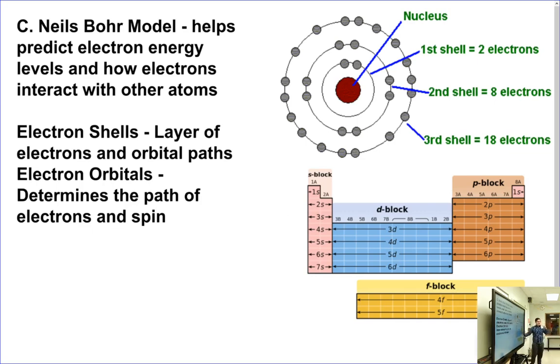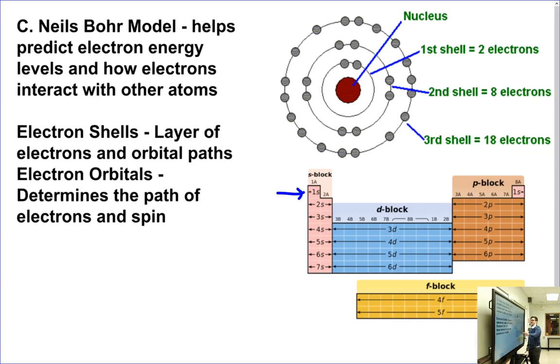I'm going to unpack quite a few things here. We have electron shells, we have electron orbitals, and there's one thing in here I wanted to add as well, electron suborbitals. If I count the first shell, at most it can hold 2 electrons.